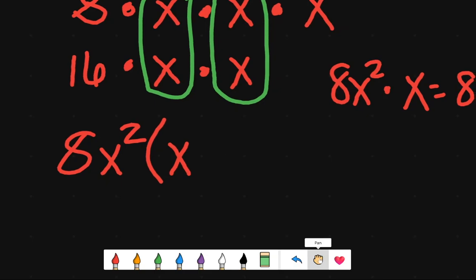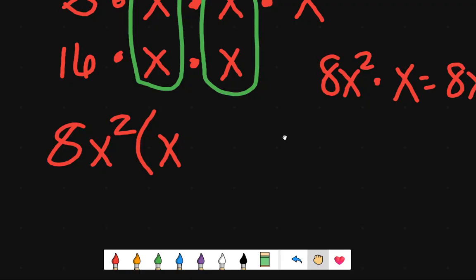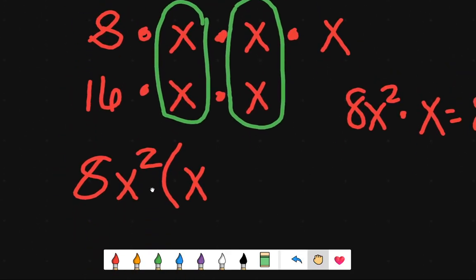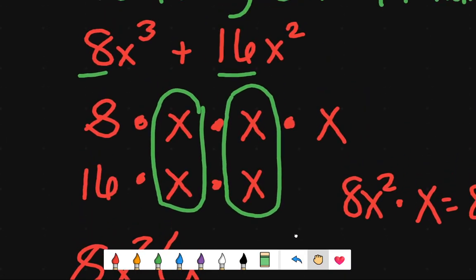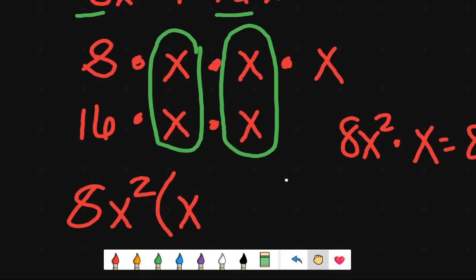Then we have to ask the question, what do we multiply 8x squared by to get 16x squared? Well, since we have already factored out x squared here, you should not multiply any other variables here, because then it'll be x to the third power. So you don't have to multiply any other variables.